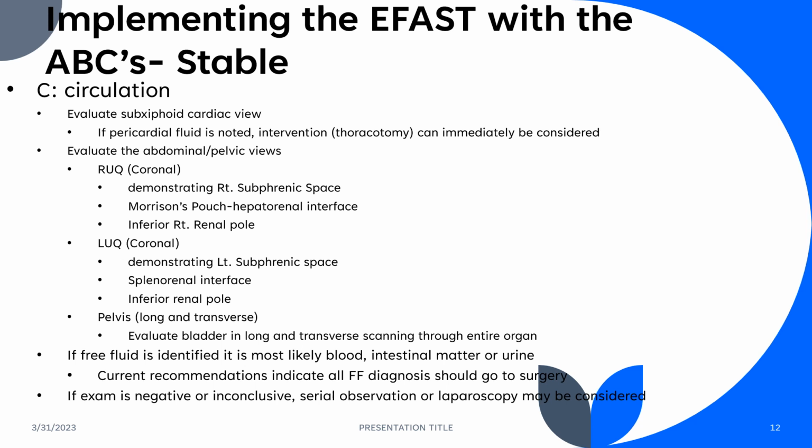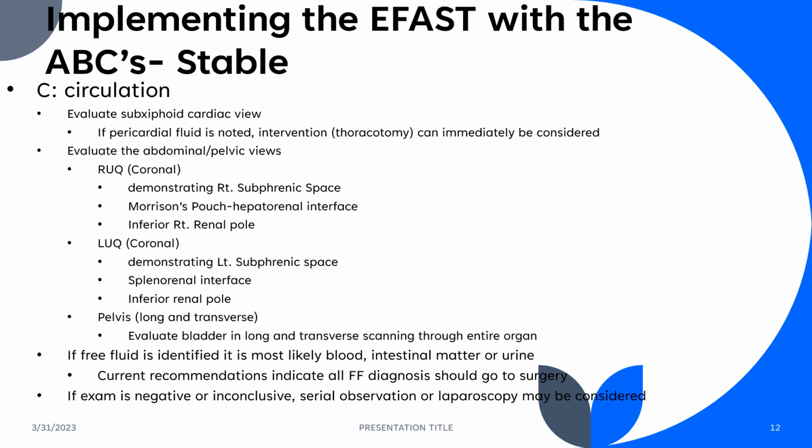In this same stable patient, we're going to then move on to circulation. And so here we're really looking for any sort of bleeding in the patient. The first place we're going to start in our circulation is at the heart. You're going to utilize that subxiphoid cardiac view, angling the transducer up under the xiphoid process and evaluating the pericardial space, looking for any sort of fluid in that region.